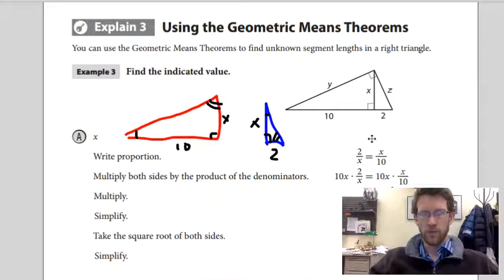The one the book uses is 2 over X equals X over 10. This side here over its corresponding side is equal to this side here over its corresponding side. The trick is there's two X's here. And then when we cross multiply, that gives us X squared equals 2 times 10.